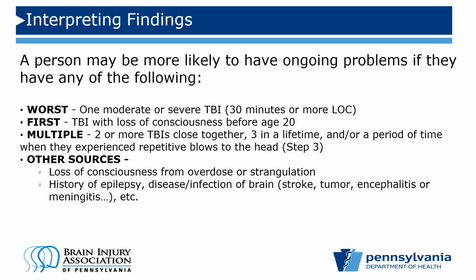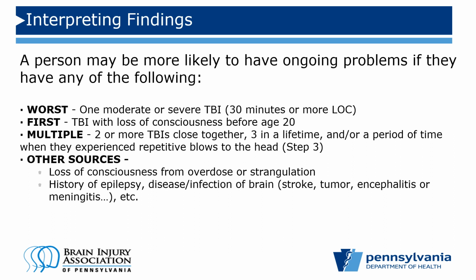The first one is worst. So if any of the injuries that were reported were either moderate to severe traumatic brain injuries, meaning that the individual has lost consciousness for 30 minutes or greater, we're going to be marking yes, and that would be a positive screen. The next category that we're going to look at is first loss of consciousness. So we're looking for whether or not the individual ever experienced a traumatic brain injury with a loss of consciousness before the age of 20. And if in fact that is true, we're also going to be checking yes, and that's going to be a positive screen.